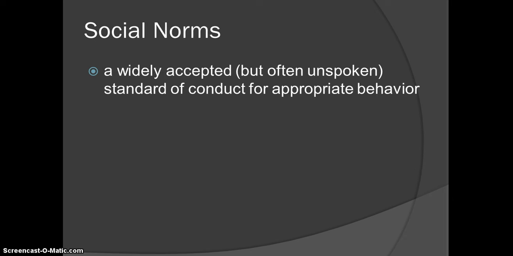Another important component of social behavior is social norms. Social norms are widely accepted but often unspoken standards of conduct for appropriate behavior. Can you think of examples of social norms in our society?